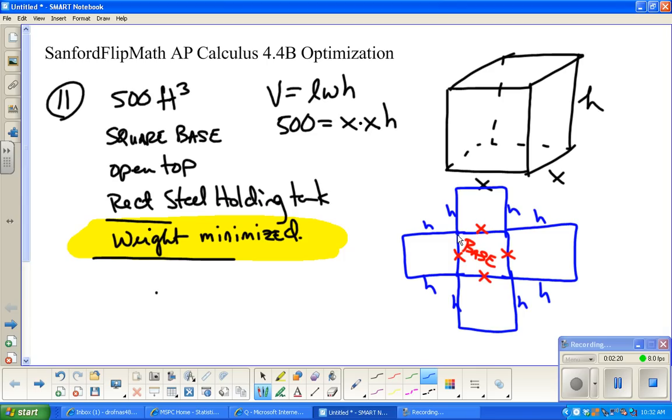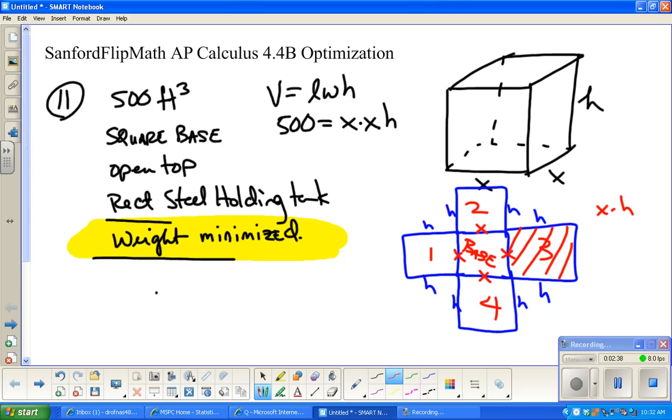Now I want the area of this thing. Each one of these rectangles is x by h in terms of area, and there are four of them: 1, 2, 3, 4.